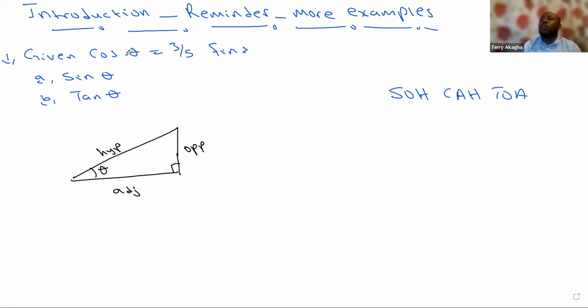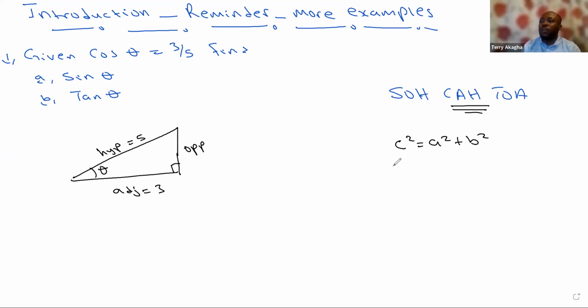And cos theta is what? Adjacent over hypotenuse. So the adjacent is 3 and the hypotenuse is 5. Is that making sense? So now we can get the opposite using the Pythagoras theorem, where I told you that c squared is equal to a squared plus b squared.